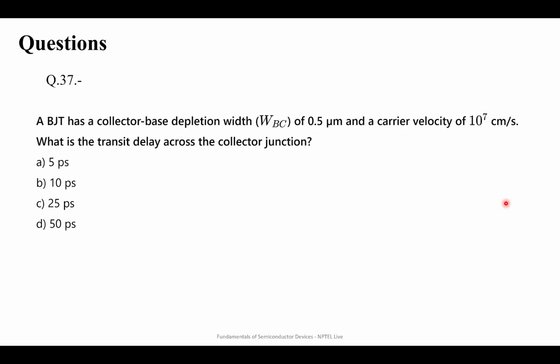A BJT has a collector-base depletion width WBC of 0.5 micrometer and a carrier velocity of 10 to the power 7 centimeter per second. What is the transit delay across the collector junction? 5 picoseconds, 10 picoseconds, 25 picoseconds, or 50 picoseconds?